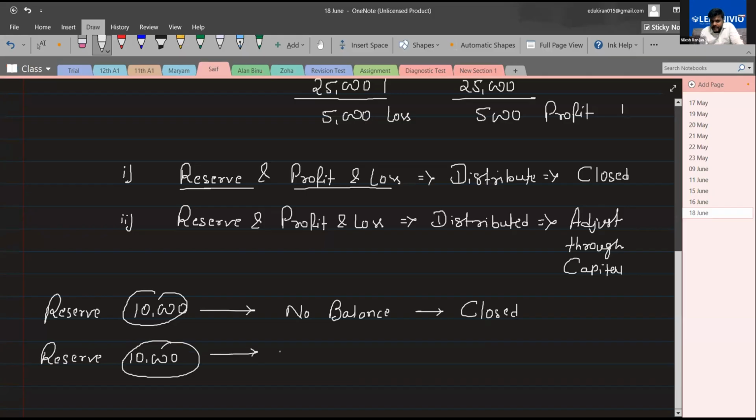The same balance will be shown in the balance sheet. There is no change in the balance. It will be adjusted, but through the capital account. There will be no impact on the reserve account or the profit and loss account. So the account will still be open. Is this clear?